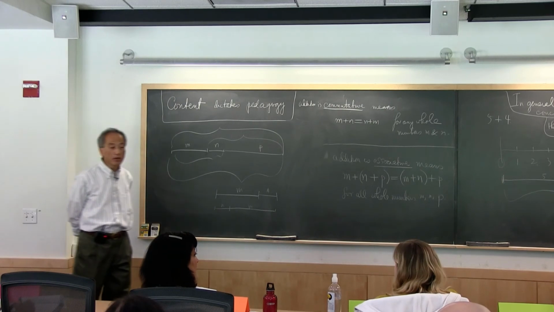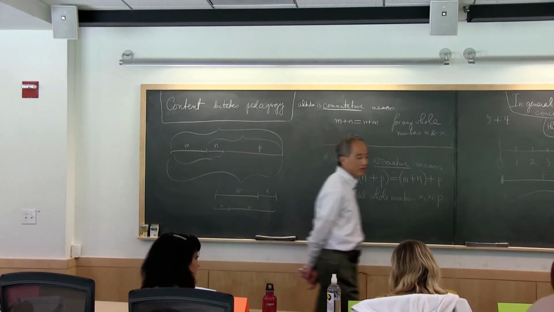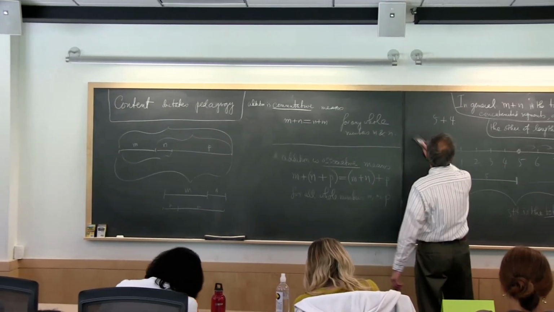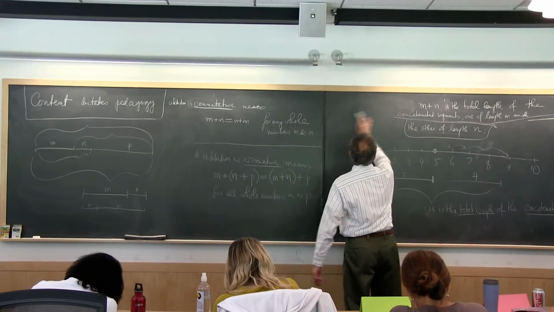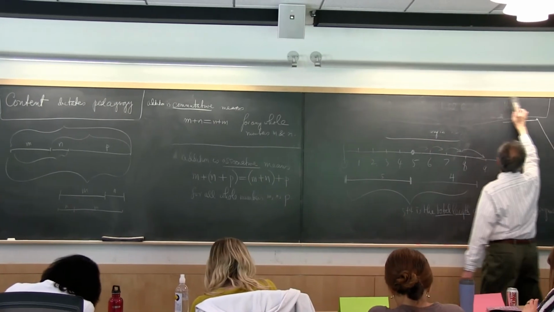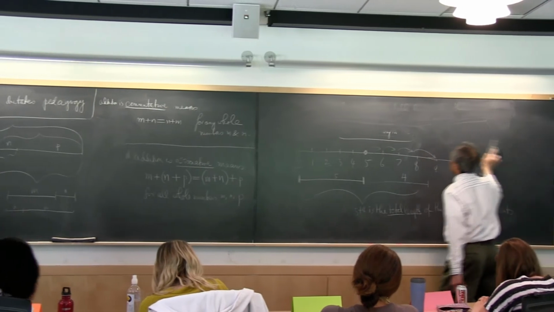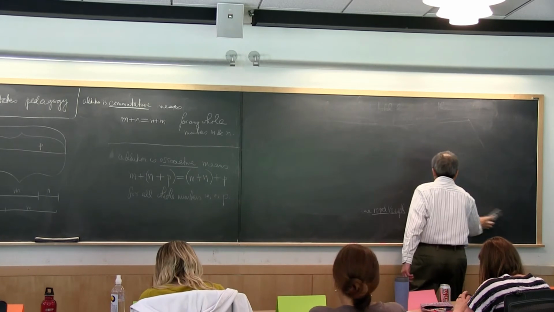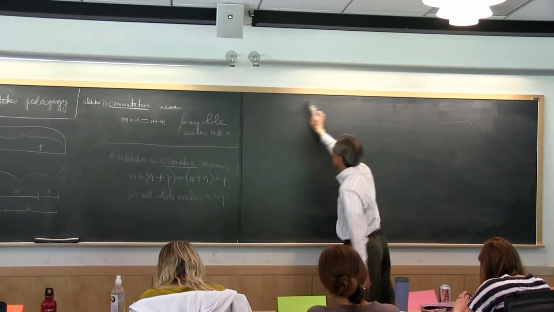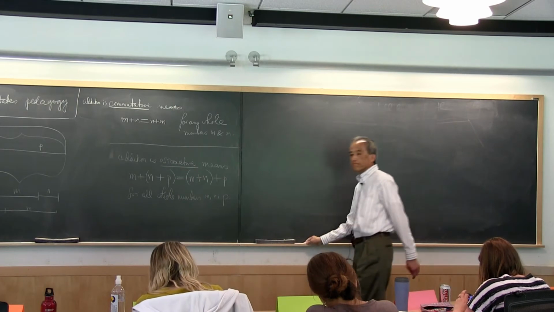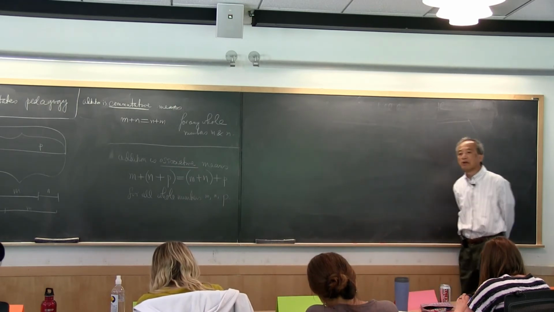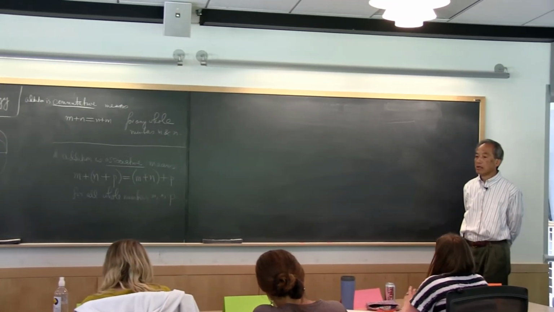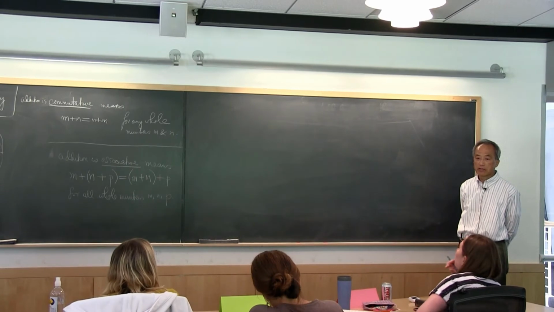Now for multiplication, it's actually a little bit more difficult. And I'll just describe it. I have to describe it for a very good reason, because the geometric representation of multiplication is actually important when it comes to fractions.